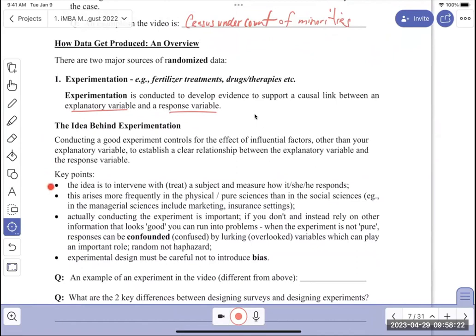Key points, the idea is to intervene with or treat a subject and measure how it or she or he responds. This arises more frequently in the physical pure sciences than in the social sciences. You can control better, right?